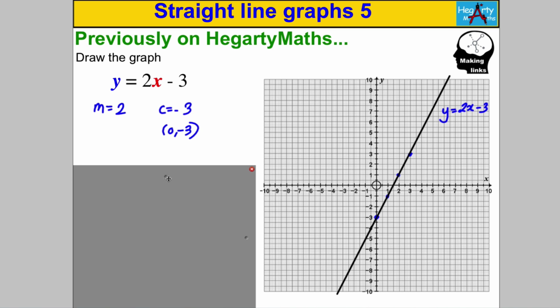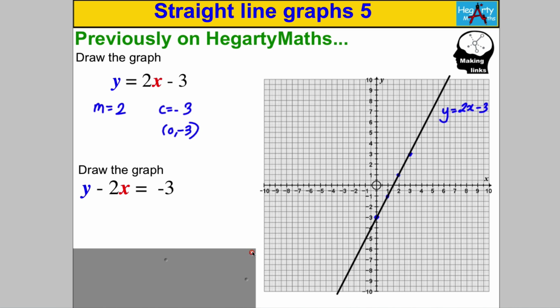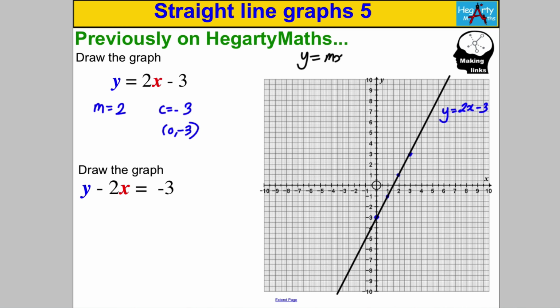Now, this is the type of thing we're going to do in this particular skill. If someone asked you to draw the graph y subtract 2x is equal to -3, what would your thoughts be? Well, my first thought is it's not in the form y is equal to mx plus c. We need y on its own on the left hand side, being the subject of that formula. So we'd have to rearrange it, wouldn't we?